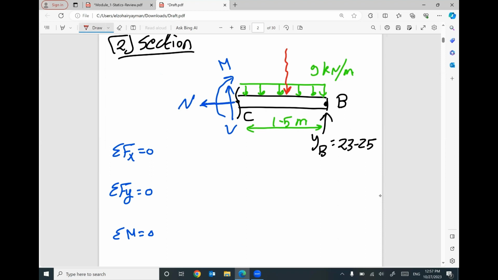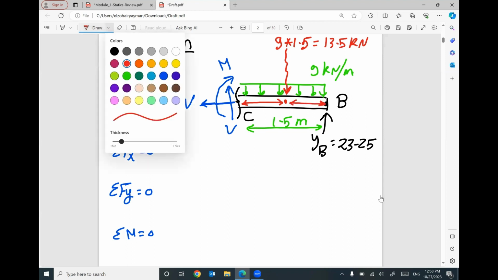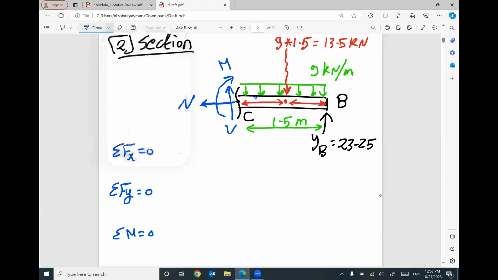How much? 9 times 1.5 meter will be 13.5 kilonewton. The position of this equivalent will be half distance from this side and half distance from the other side. Half distance of 1.5 will be 0.75 meter, 0.75 meter.